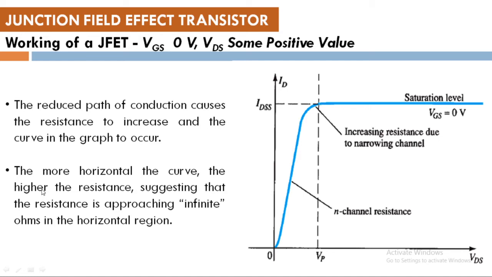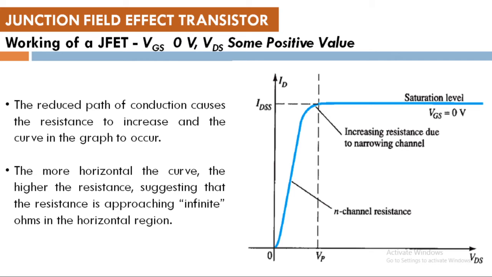Okay. The more horizontal the curve, the higher the resistance. So as we approach Vp, we can see the curve is getting flattened. So it is suggesting that the channel resistance is increasing.